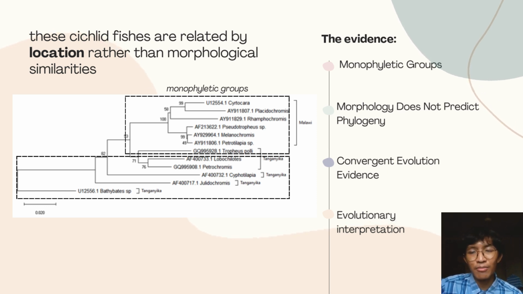The third evidence is that this is an interesting example of convergent evolution, the process where unrelated species independently evolve similar traits as a result of adapting to similar environments. In this case, the similar morphologies of species in the two different lakes have evolved independently in each lake to fit the same ecological niches.